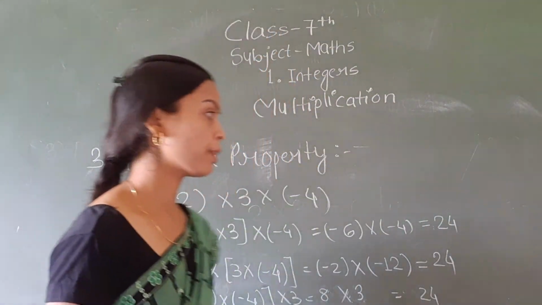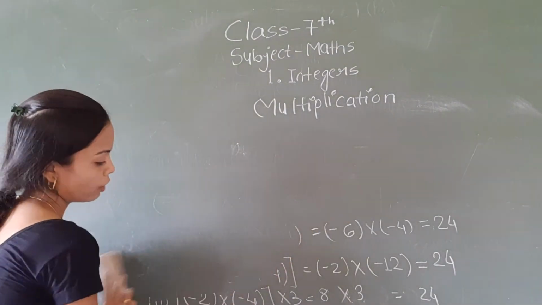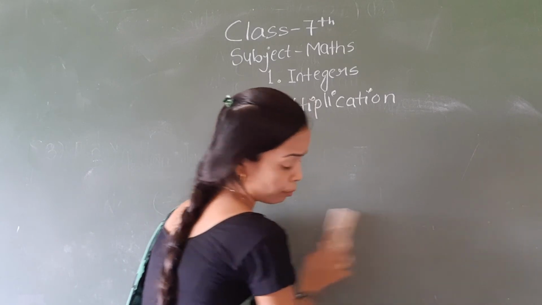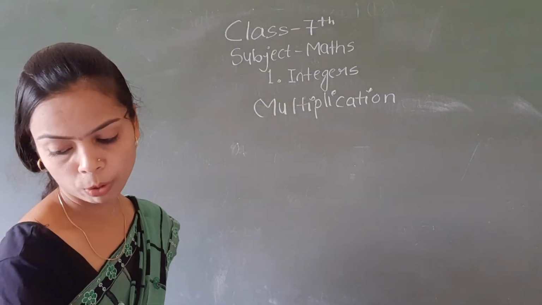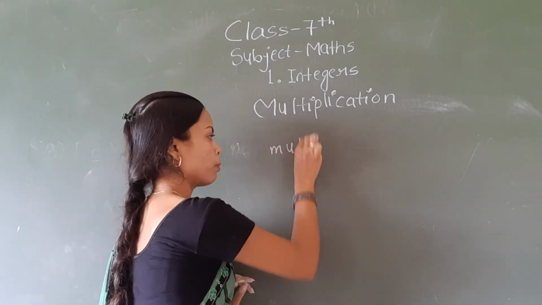We have completed three properties, that is closure property, commutative property and the associative property. Now I am telling you about some properties, that is multiplicative property.